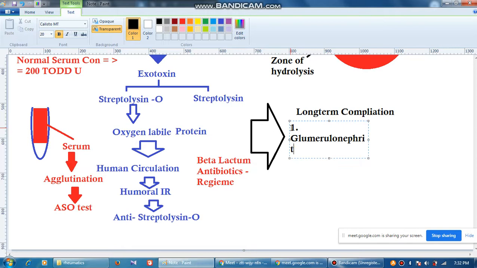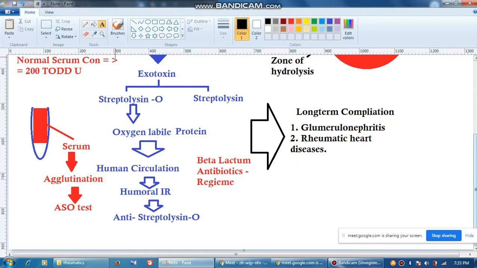Then you can ask me, sir, why does this glomerulonephritis take place? This is very interesting. We'll come to this point. Then rheumatic heart disease. Now this glomerulonephritis is also a rheumatic condition only. I'll come to that point. These are the most common things seen in India, the long-term complications. Now why does this happen?